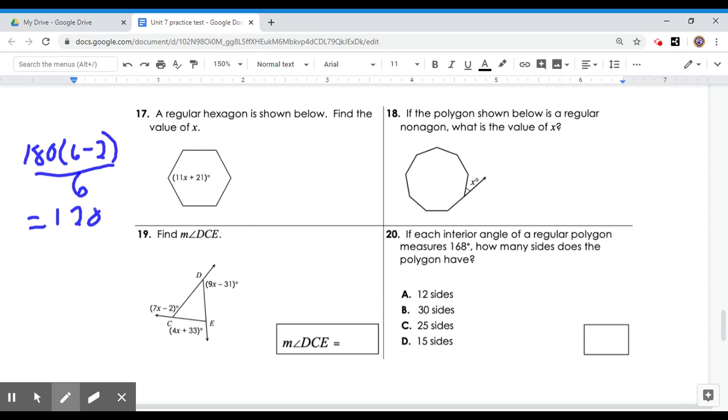So that means we're going to take 11x plus 21 and set it equal to 120. So then subtract 21 from both sides. 11x equals 99. Divide by 11, x equals 9.